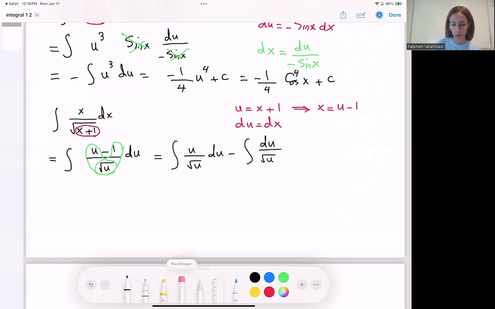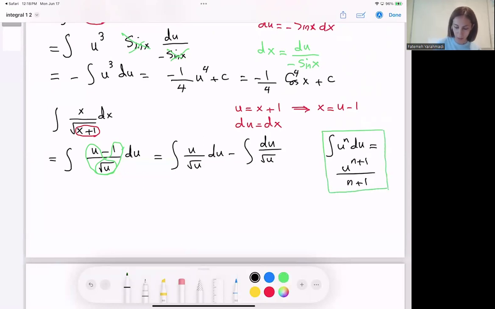This is basically what we did before. If in general we have the integral of u to power n du, this is equal to u to power n plus 1 divided by n plus 1.